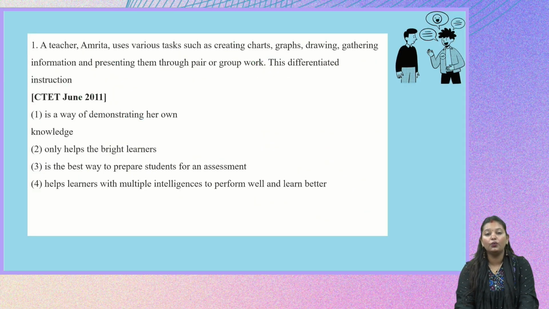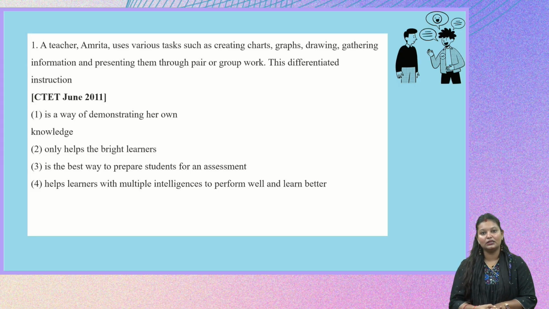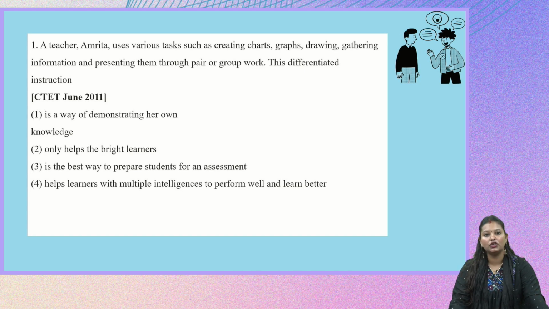Moving on, now we will look at some of the previous year questions which have come based on the topic that we have just discussed, that is teaching learning materials. The first question is, a teacher Amrita uses various tasks such as creating charts, graphs, drawing, gathering information and presenting them through pair or group work.